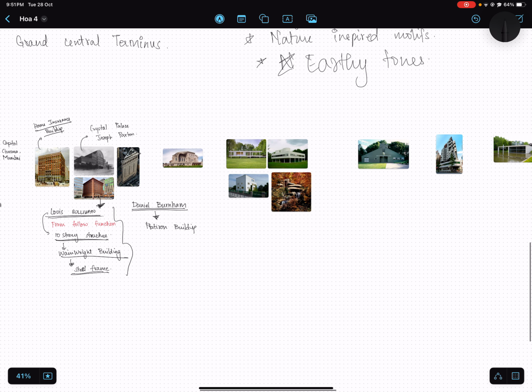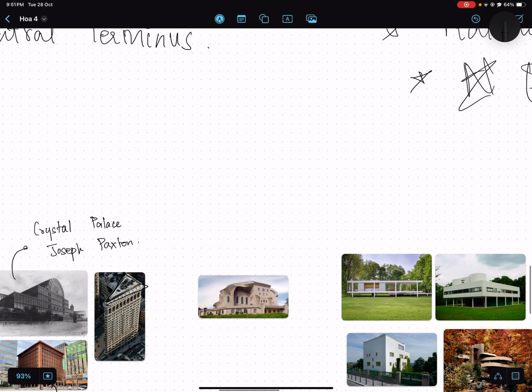And then came Expressionism. The main purpose was to evoke a very emotional response to a building.